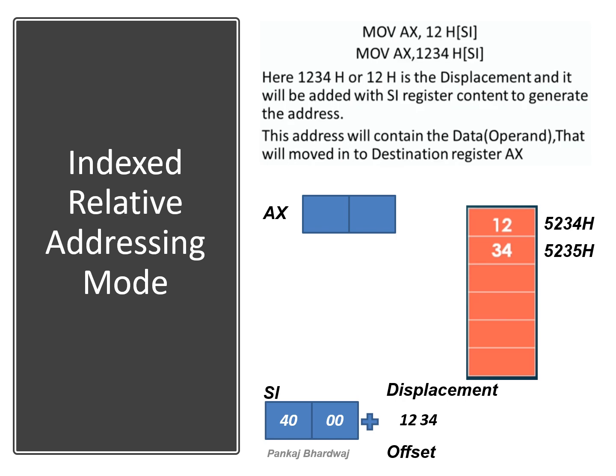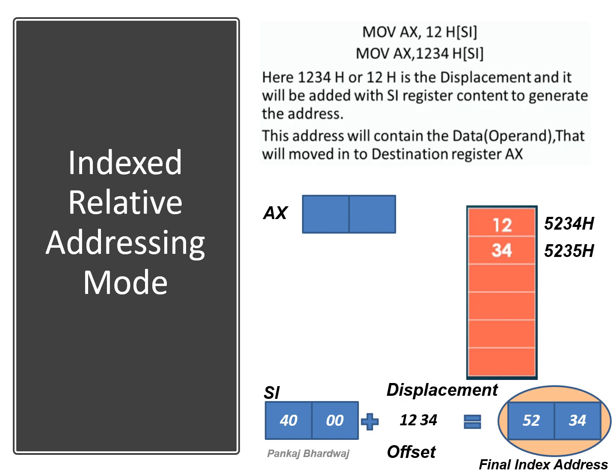So this SI plus this offset displacement, adding these two terms will give us the final index address of the operand, 5234, and the next is 5235. So the 5234 data will be moved to AL, and 34, that is the next location data, is moved to AH.